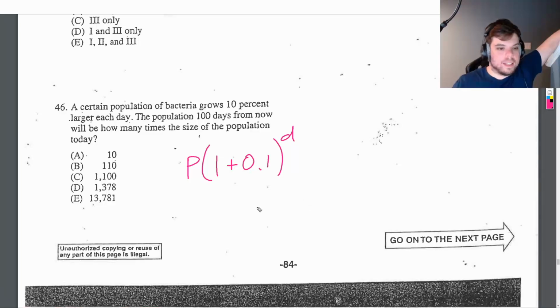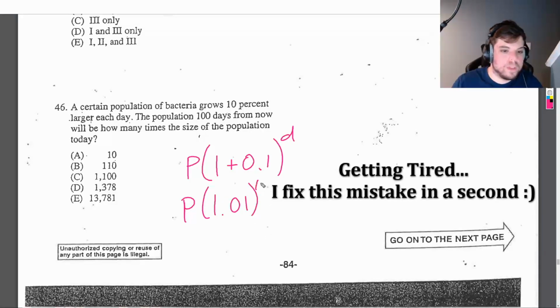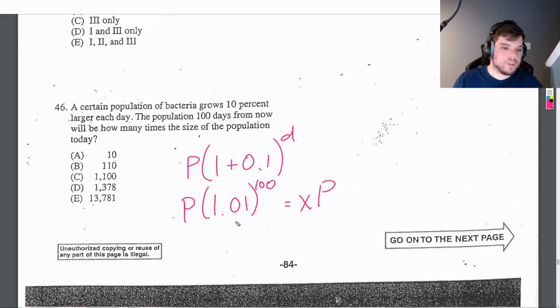So we're asking P times 1.01 to the 100th power equals, let's say, xP, where we're looking for x here. So it's how many times bigger than P. So we can first divide both sides by P. 1.01 to the 100th power equals x.